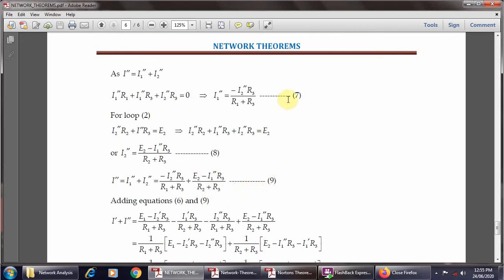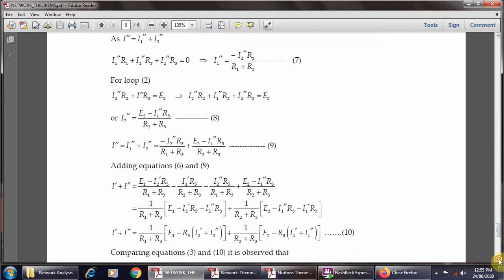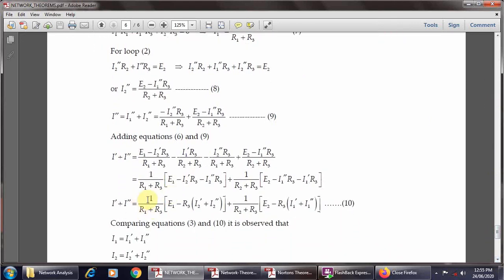Then adding equations 6 and 9, I dash plus I double dash is equal to 1 upon R1 plus R3 times E1 minus R3 (I2 dash plus I2 double dash), plus 1 upon R2 plus R3 times E2 minus R3 (I1 dash plus I1 double dash). This is equation number 10.